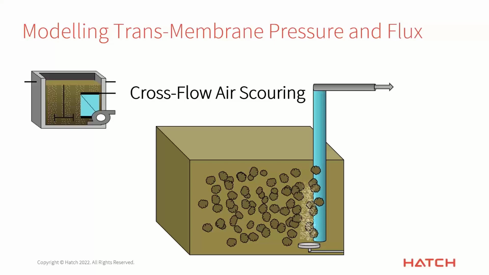The cross-flow air is assumed to continue all the time, even when we're backwashing. That air will be removing some of the solids, and you can even calibrate how quickly it removes the solids off of the system. It's doing two things: one is removing the solids off of the membrane, and the second is providing oxygen that's going to be mass transferred into the liquid and potentially used by the biomass.